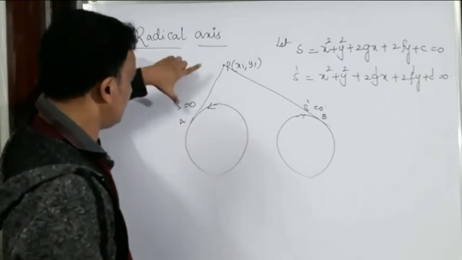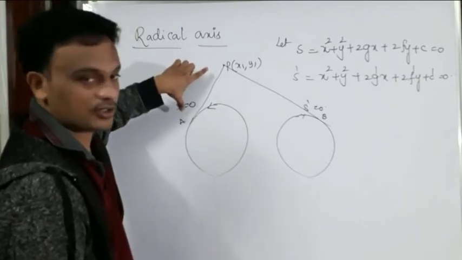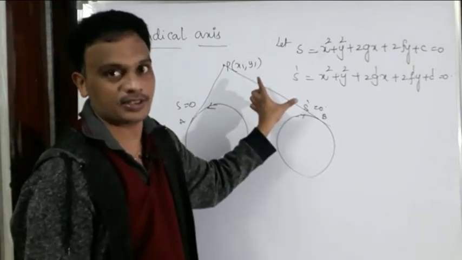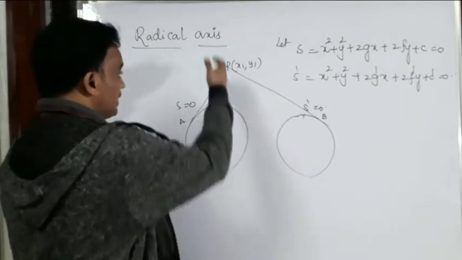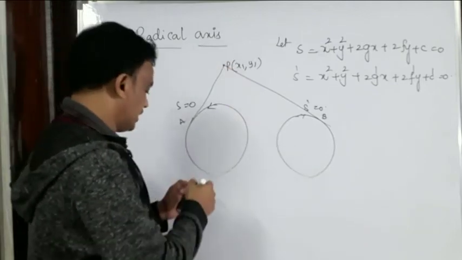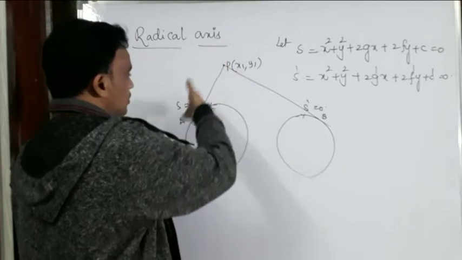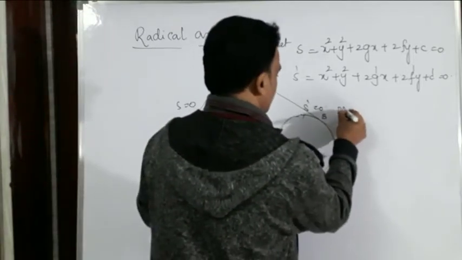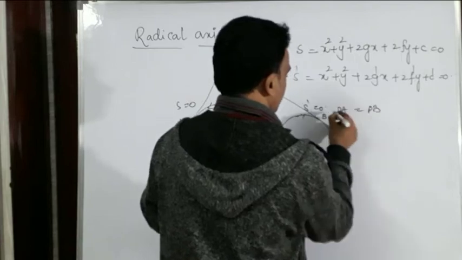The length PA is called the length of tangent, and the length PB is called the length of tangent. If the lengths of tangents drawn from the point P to the two given circles are equal, then I can write PA equals PB.